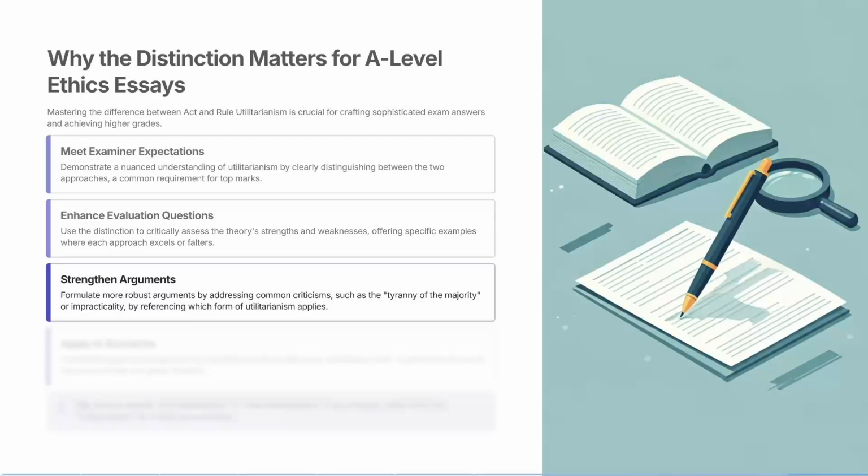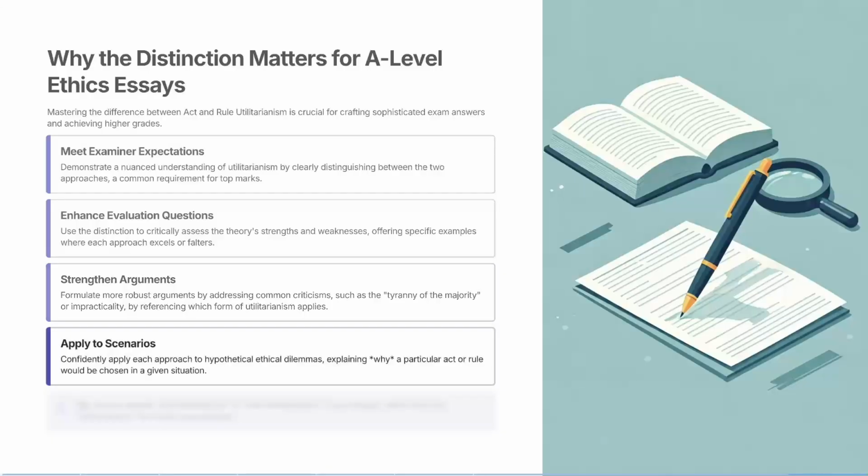And so you can build in more robust arguments by addressing those common criticisms, like the tyranny of the majority or impracticality, by referencing the different forms of how you can apply utilitarianism. And you've got multiple scenarios.